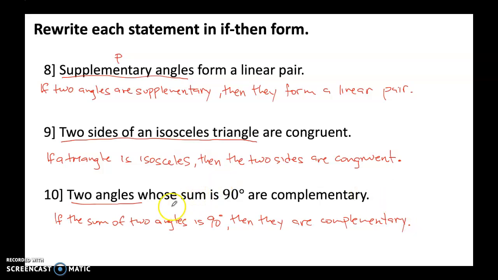So two angles whose sum is 90 degrees, that is our if statement. This will happen first before we can say that the two angles are complementary. So that is our if-then form. If the sum of two angles is 90 degrees, then they are complementary.